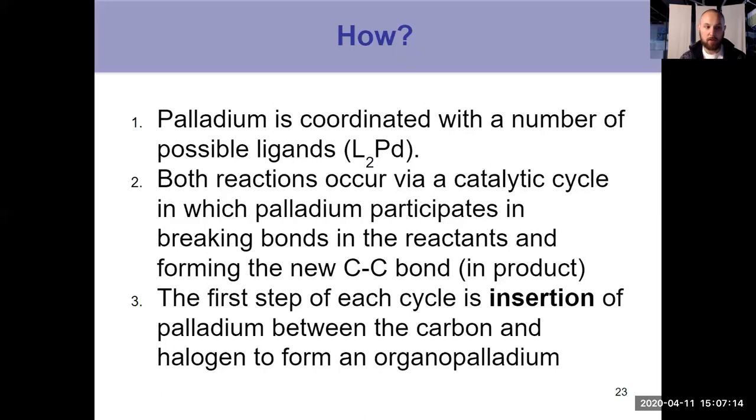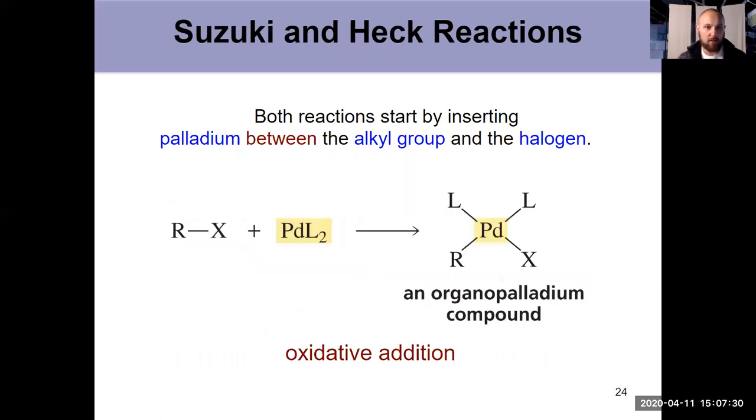That forms an organopalladium complex. But the reason we have to use vinylic or aryl halides is we have to be on the lookout for beta hydrogens when we're working with organopalladiums. Because if you have beta hydrogens, then you have the risk of undergoing an elimination.